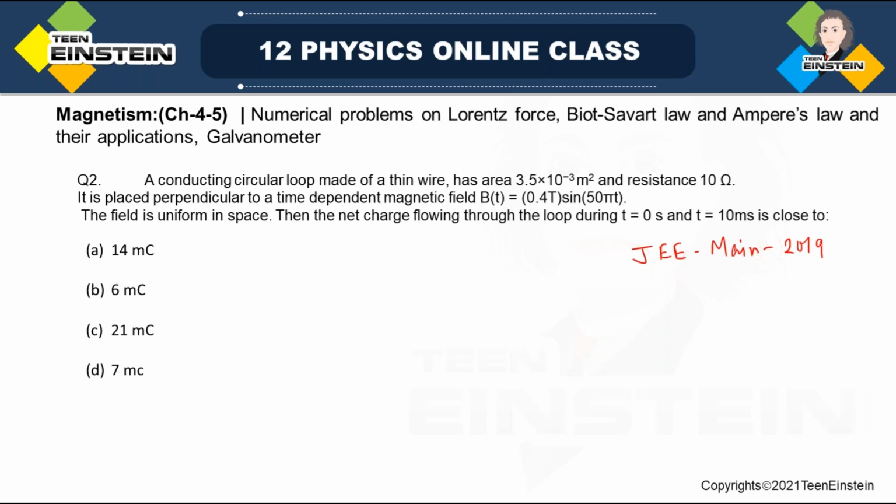The problem states that a conducting circular loop is made of thin wire, has area 3.5 into 10 to the minus 3 meter square and resistance 10 ohm. It is placed perpendicular to a time dependent magnetic field which is given as this.